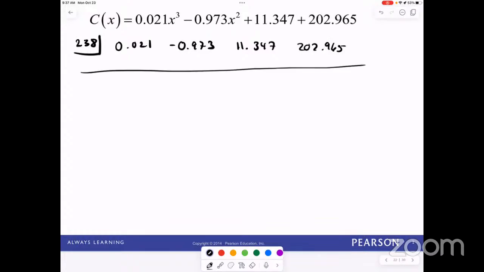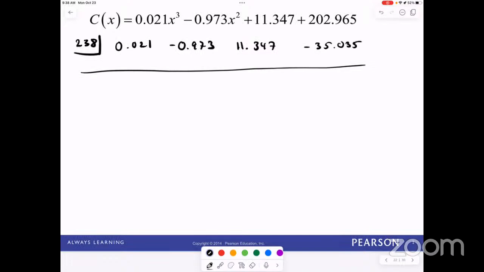Remember, we had this set equal to 238. So if we subtract 238 from both sides, what's 202.965 minus 238? It's minus 35.035. So now our remainder should be 0, all right?